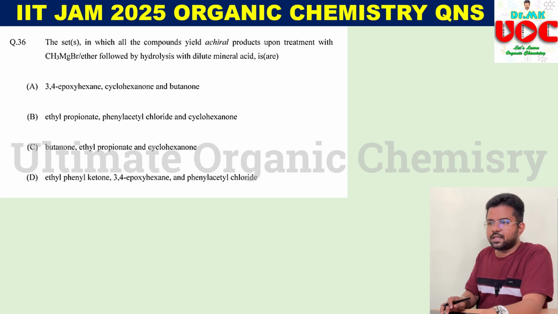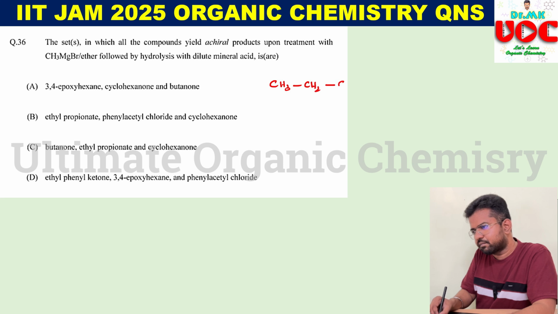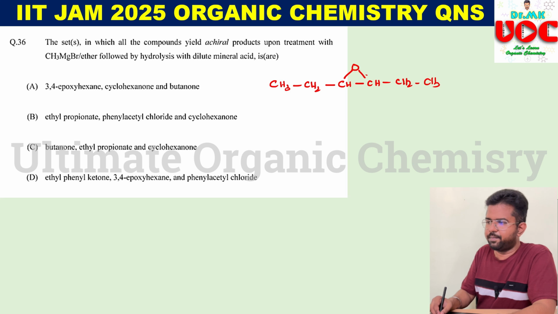Next question. The set in which all the compounds yield achiral product upon treatment with methyl magnesium bromide in ether followed by hydrolysis with dilute mineral acid. Okay. The first compound, that is 3,4-epoxy hexane.